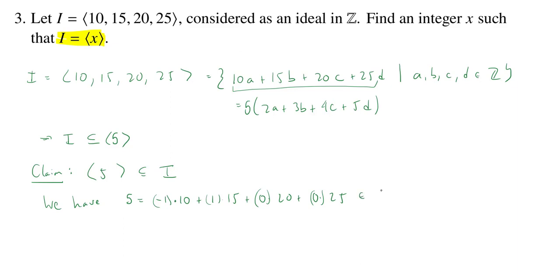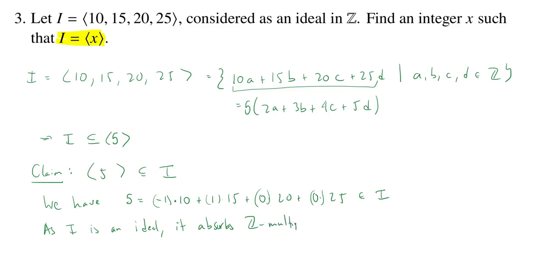And this is an element of I, because that's what elements of I look like: multiples of 10 plus multiples of 15, etc. But once I know that 5 is an element of I, because I is an ideal, it absorbs Z multiplication.